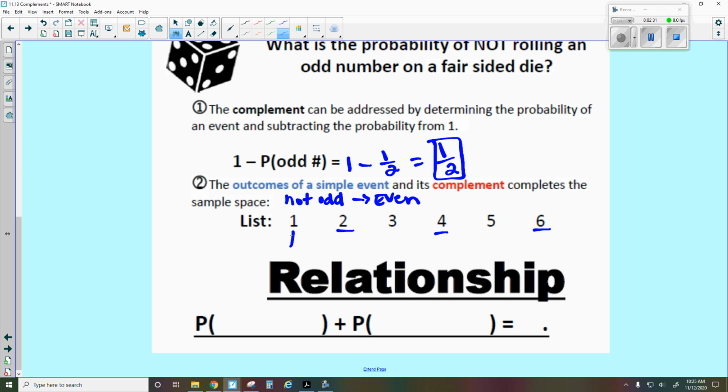And you can see the odd numbers and its complement, 2, 4, and 6, they complete the sample space, which gives you 1 whole. Okay, so this relationship here is the probability of the simple event plus the probability of the complement is going to equal 1 whole. And remember, probability is between 0 and 1. So that gives you 1, 100%.